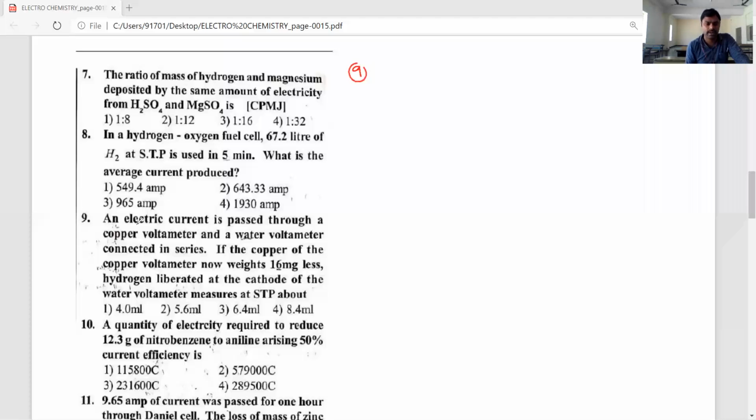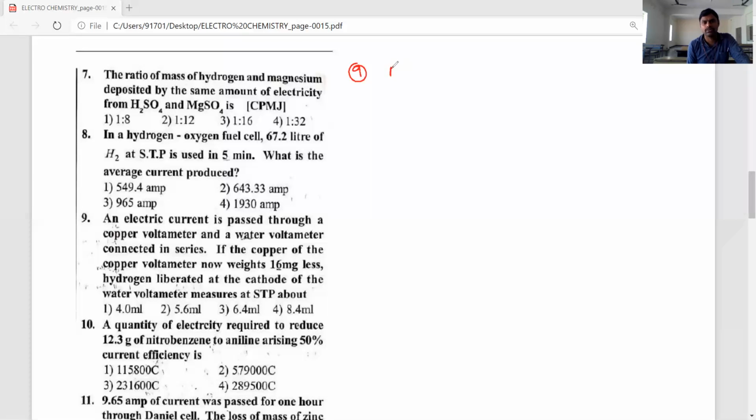Ninth question, important. An electric current is passed through a copper voltameter and a water voltameter connected in series. See, an electric current is passing, so the Q is constant.